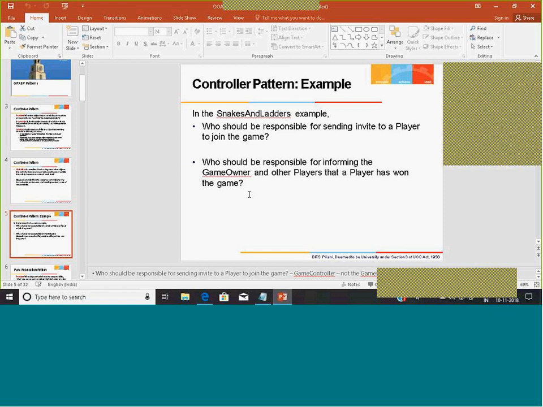However, that is at a higher level where the subsystems might be distributed subsystems. Whereas in this particular case, we are talking about a small system itself, where we need a controller class in order to handle all the incoming events.